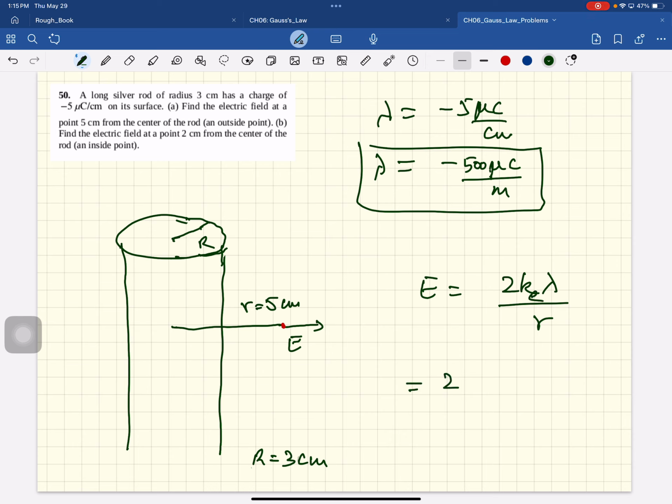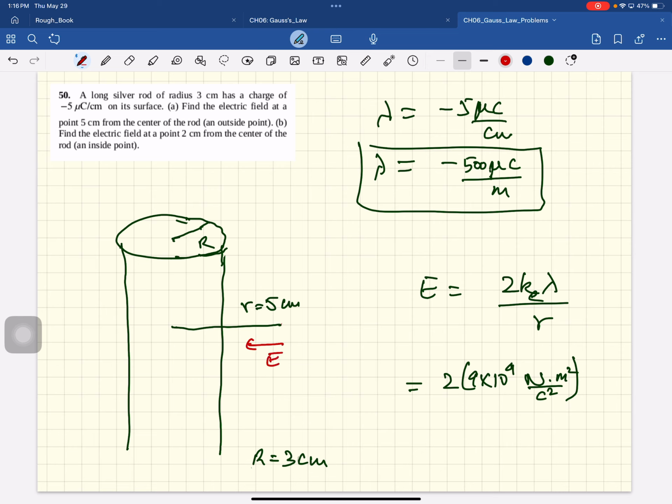So 2, and that's 9 times 10 to the 9 Newton meter squared by Coulomb squared. Lambda is, so the electric field will be, this is a negative charge, so the electric field will point like that.